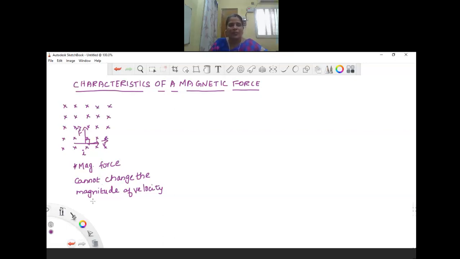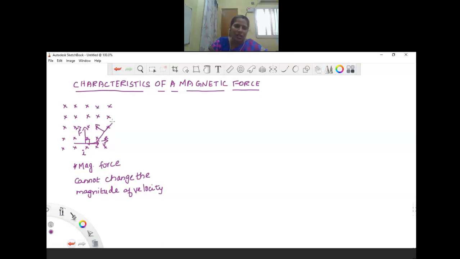Then what is the role of this magnetic force? This magnetic force may change the direction. Because of this force, the velocity of the charge, that is the direction, will change.